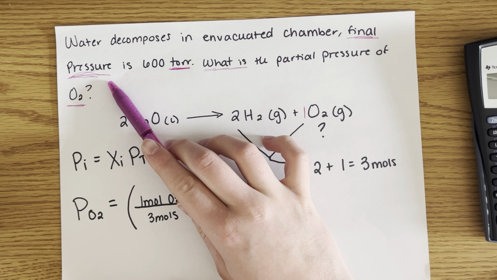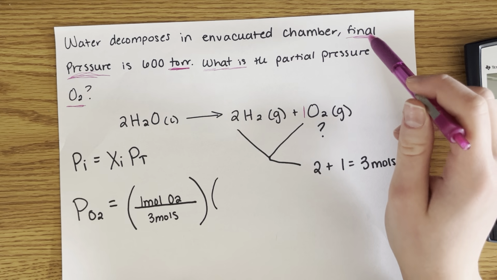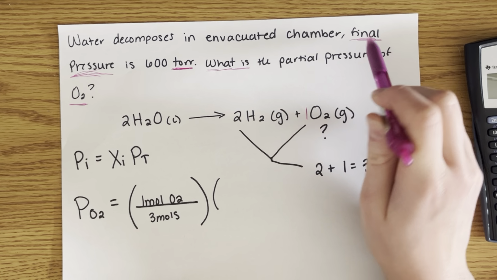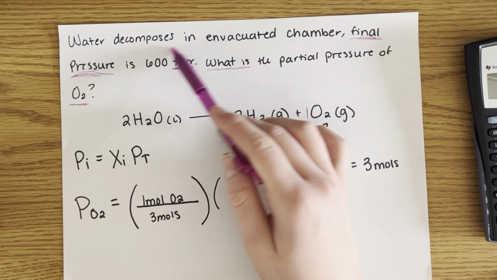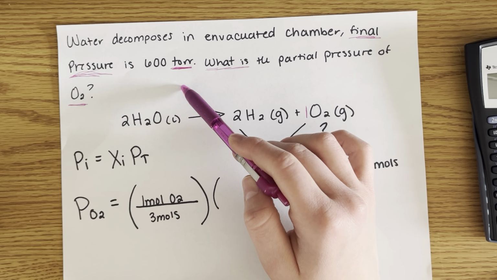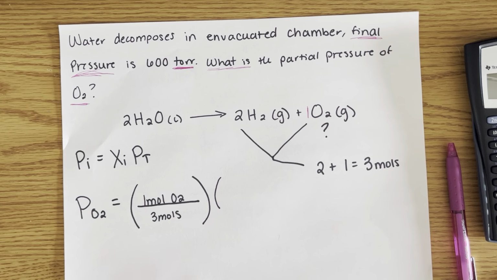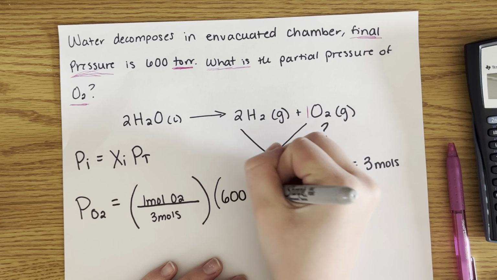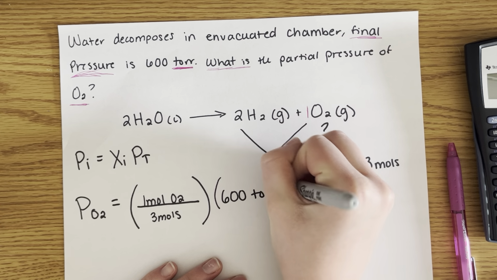It's another way of saying total pressure, but instead they're saying final pressure. So you would take this information and come to the conclusion that 600 torr is your total pressure. So then 600 torr would go here.